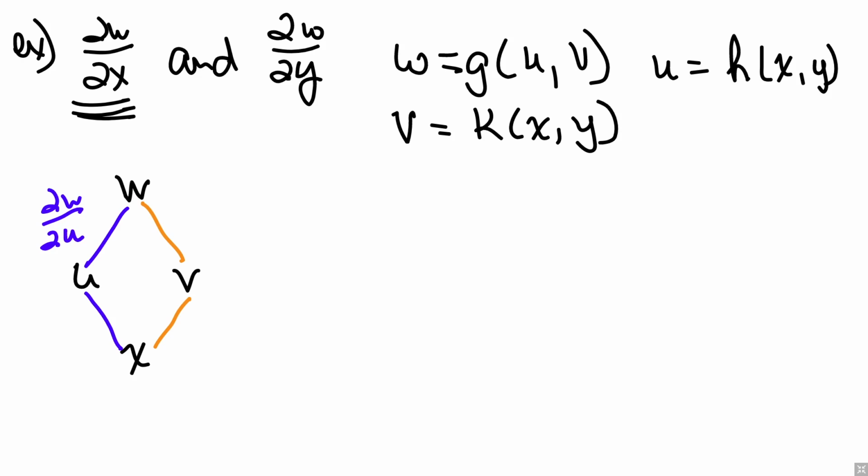And then from u to x, we're going to do the partial of u with respect to x. In this, we have to do partials. We can't do full derivatives because the function u is made up of two variables, not a single variable.